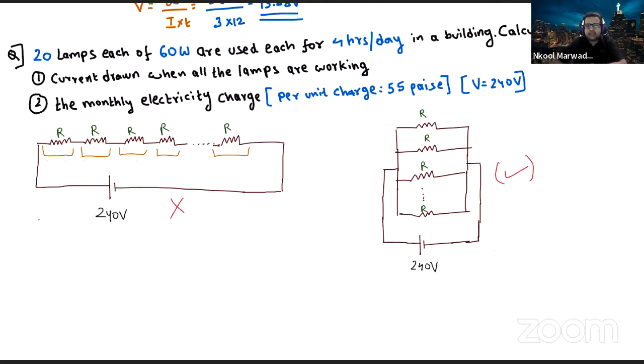Now we can very easily calculate the current drawn by every bulb. Current drawn by one lamp. Let me write it.